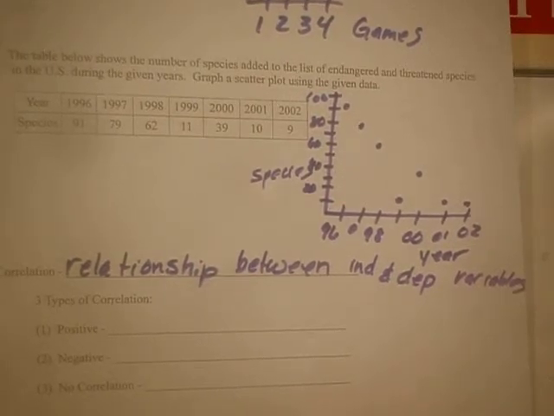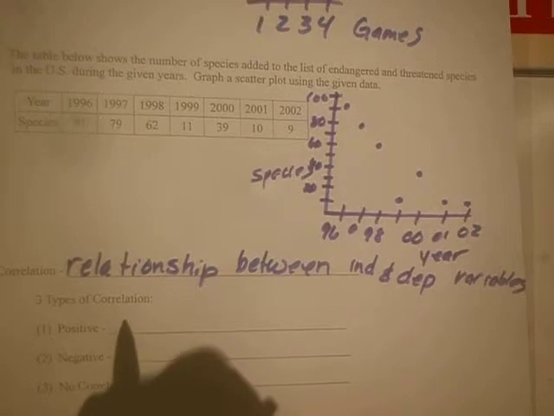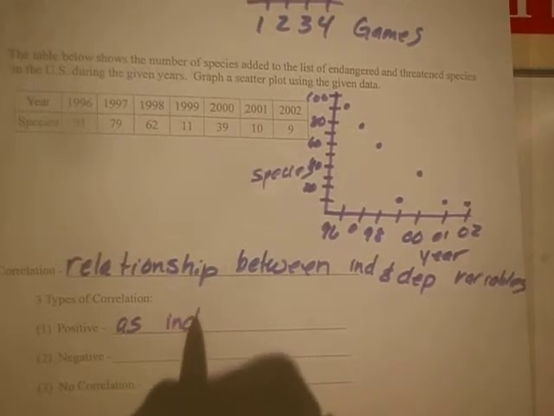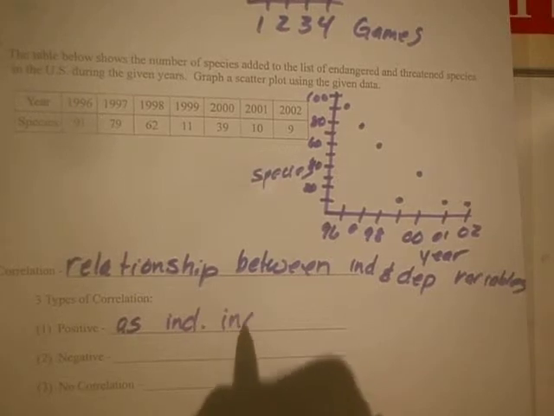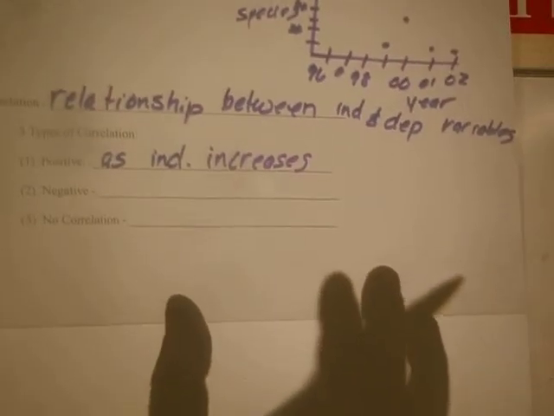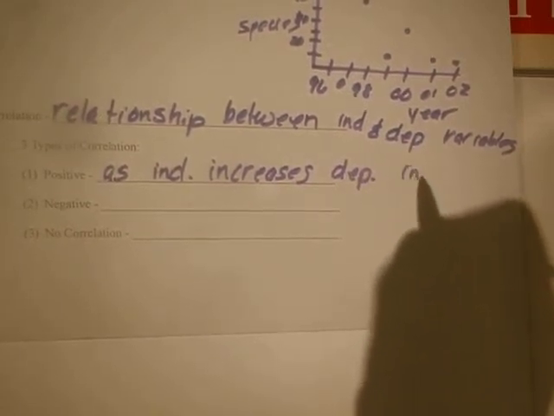And we have 2 types of correlation, positive and negative. For a positive correlation, as your independent variable increases, your dependent variable increases.